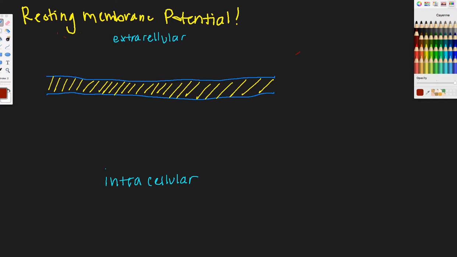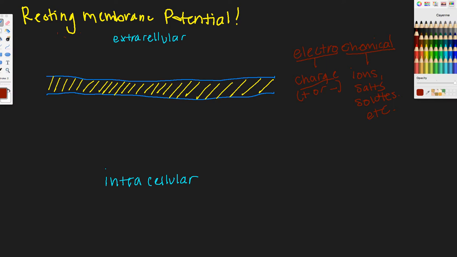So electrochemical, let's write that down, is a word that describes a gradient that is a gradient both on the basis of charge, so plus or minus, and chemicals, which include ions, salts, and solutes, etc.